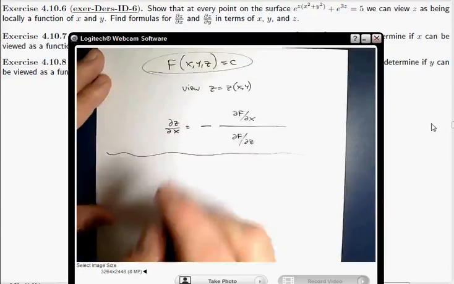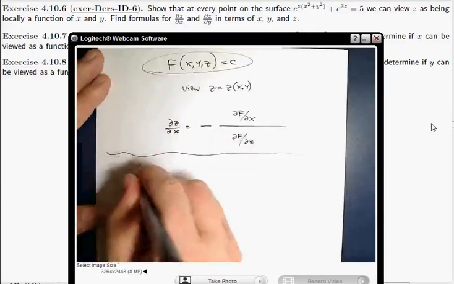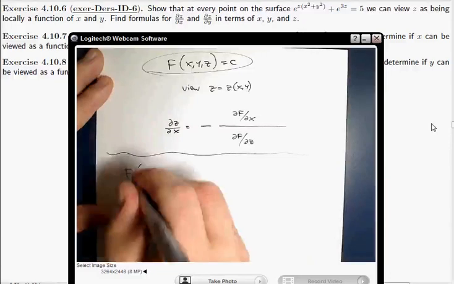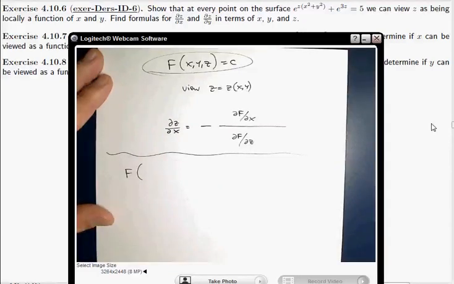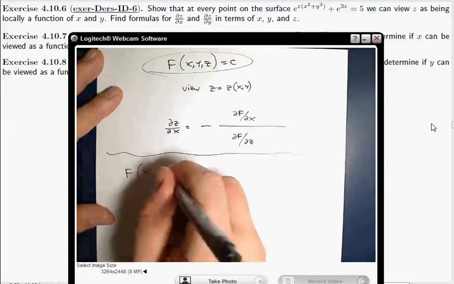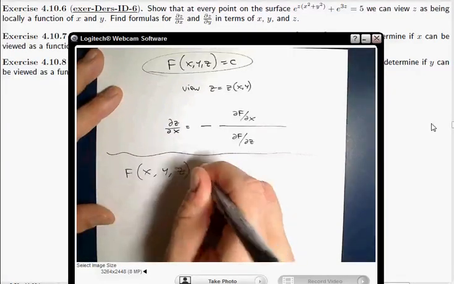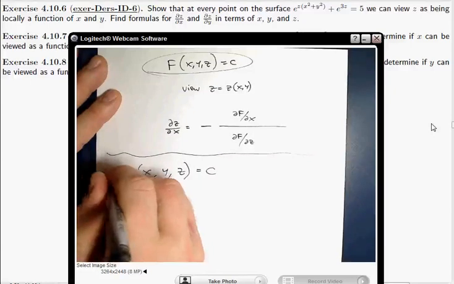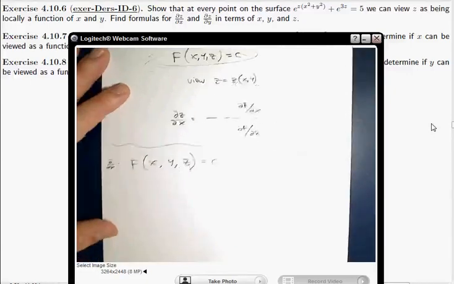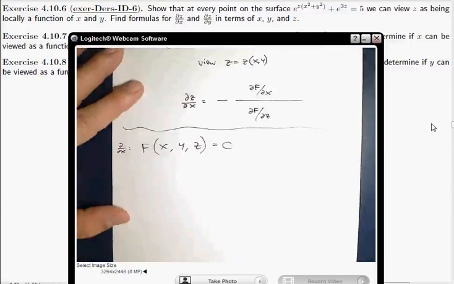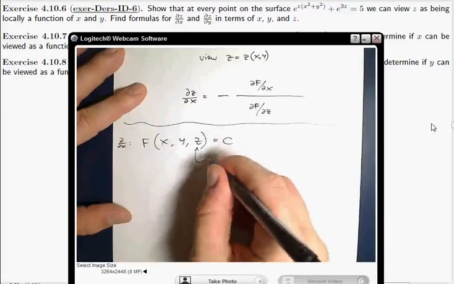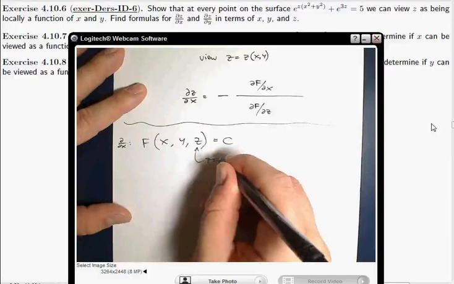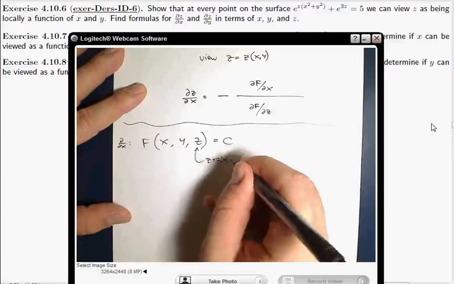If you look at that equation, what we've got is f of, well, let's just take the partial of this whole thing with respect to x. Let's see what happens. Now keep in mind we're viewing this as a function of x and y.